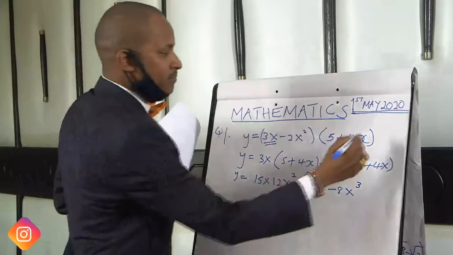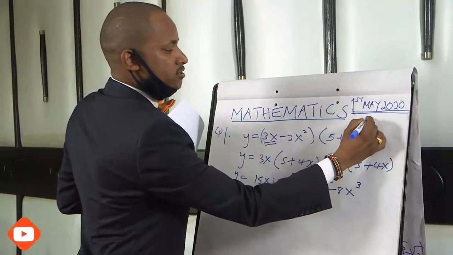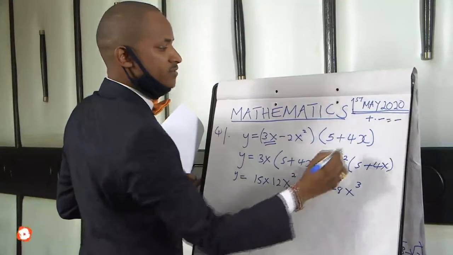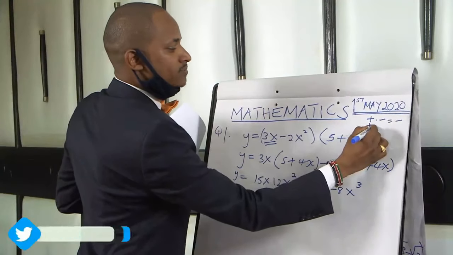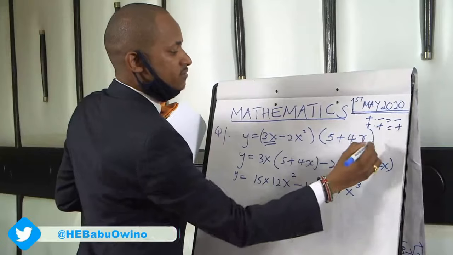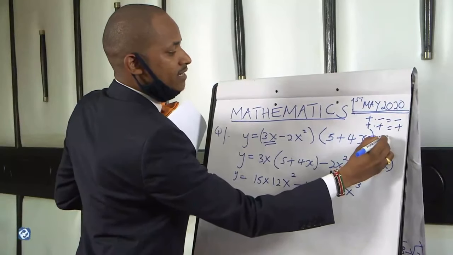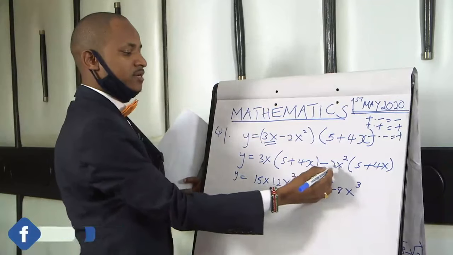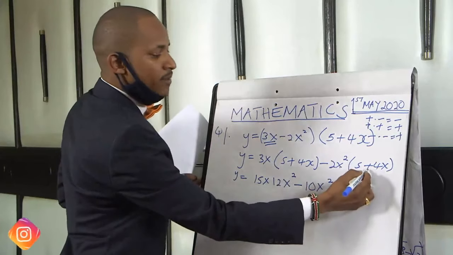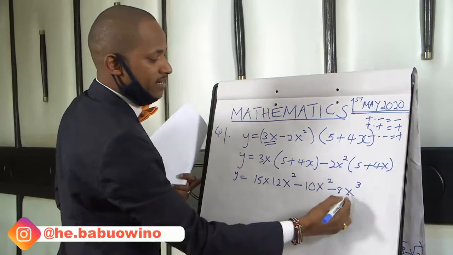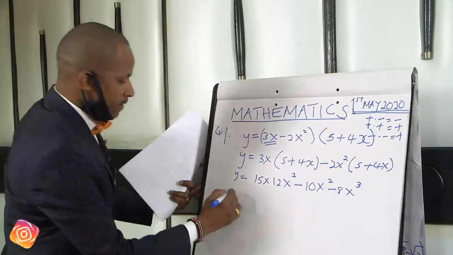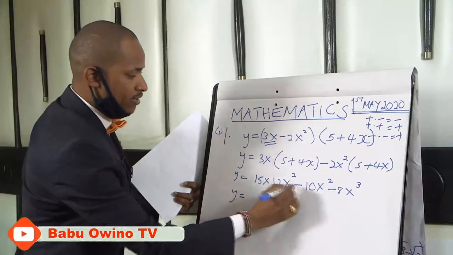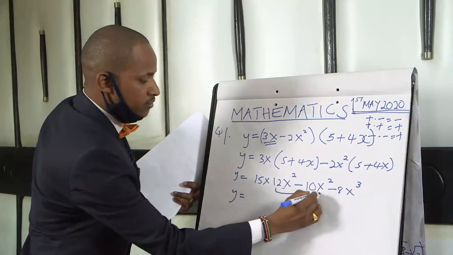Now there's a fundamental rule that you'll just note. When you have positive multiplied by negative, you get negative. Positive multiplied by positive, you get positive. Negative multiplied by negative, you get positive. That's why when we have minus 2x squared times plus 4x, you get minus 8x cubed. Now, our y becomes, you simplify further by collecting the like terms.